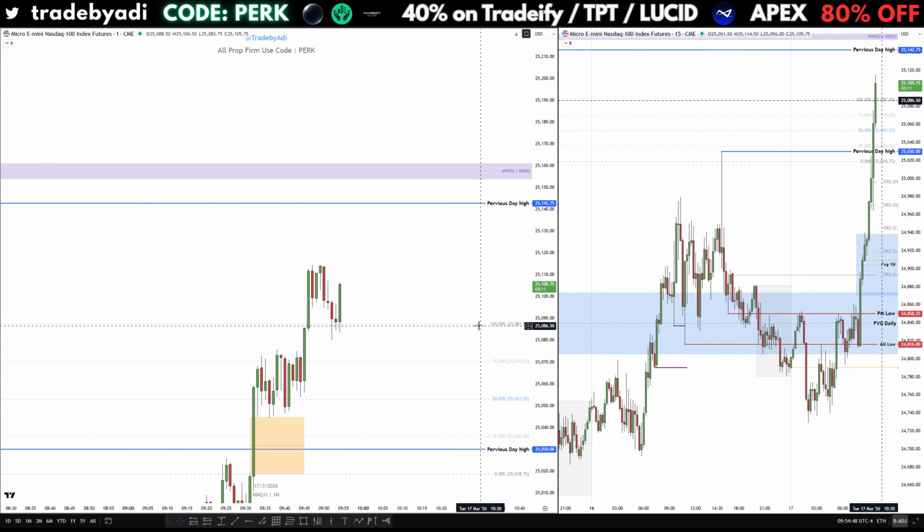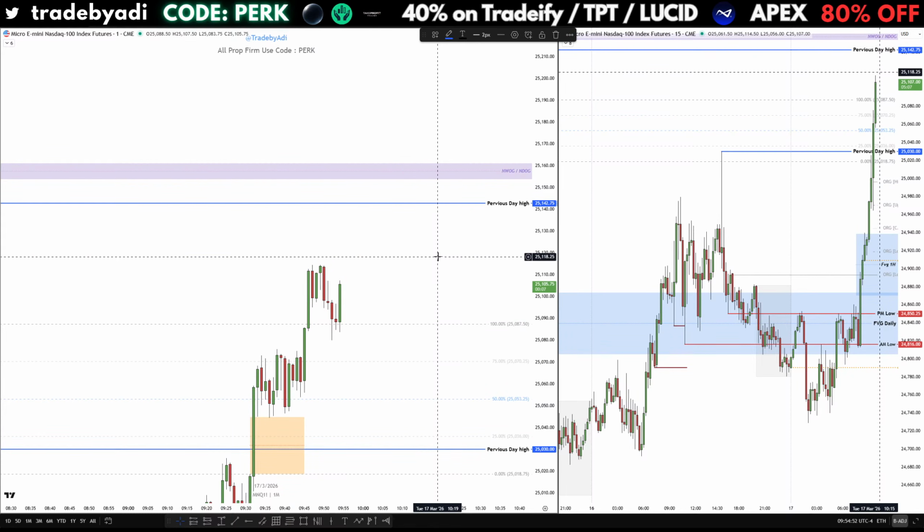We tap to this gap, let's say this as a draw on liquidity.